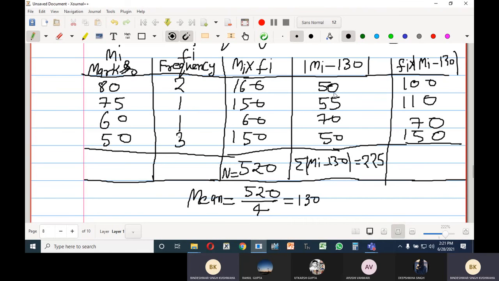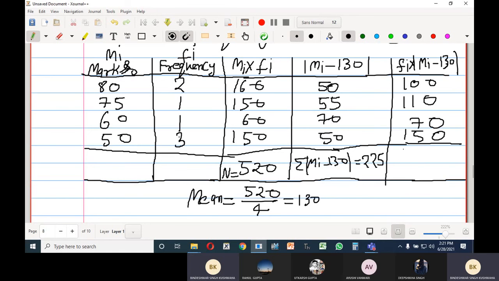See that as you calculate average, you calculate Mi into Fi. The same way you will calculate deviation Fi into Mi minus 130. The same way. Thereafter you will add them up. So 280 and 150.